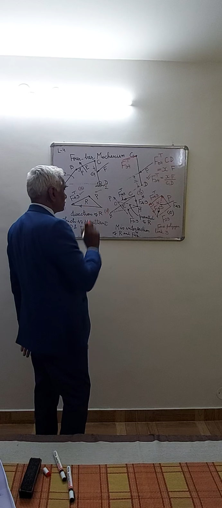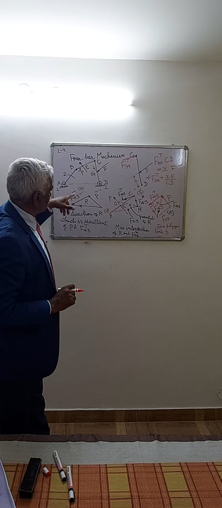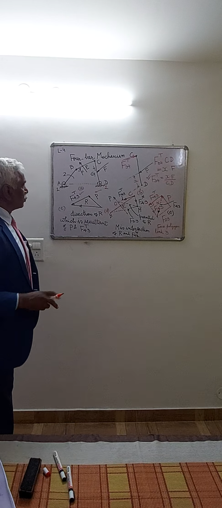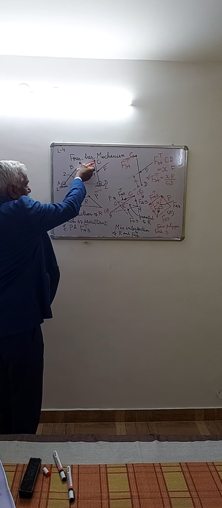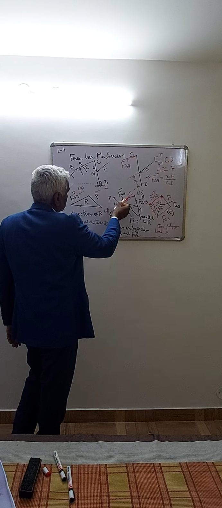Now, figure D. What is mentioned in figure D? Link 3, that is BC, is drawn. BC is drawn in magnitude and direction, like link BC, with some suitable scale.